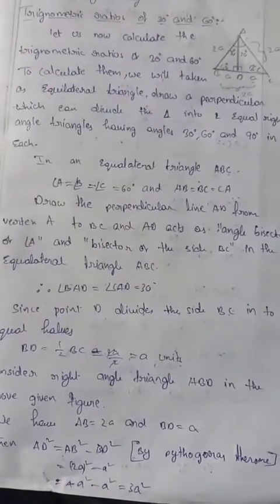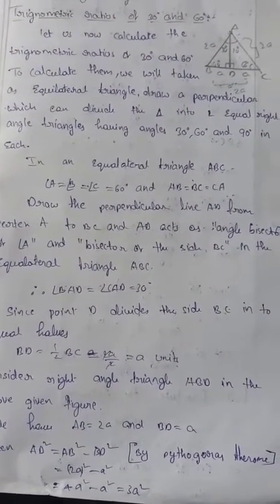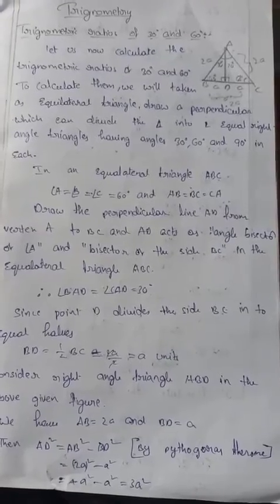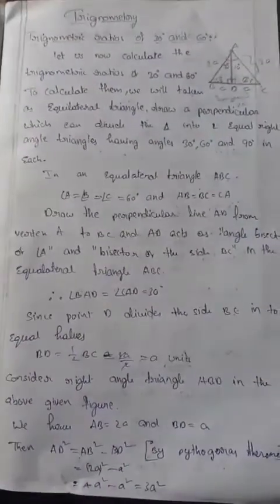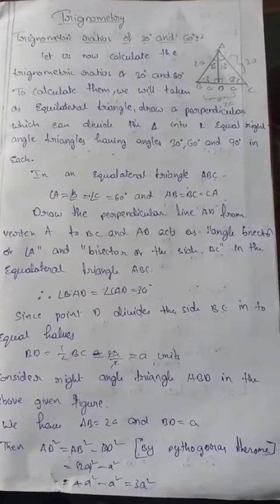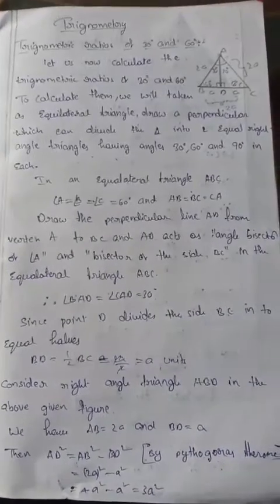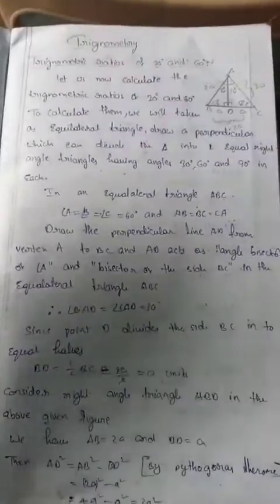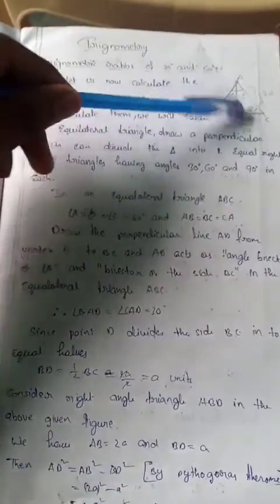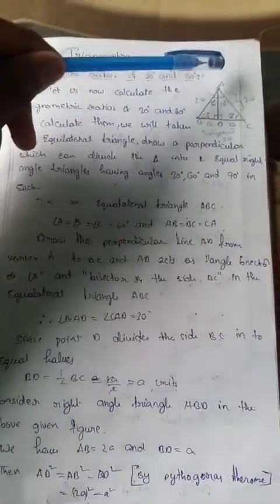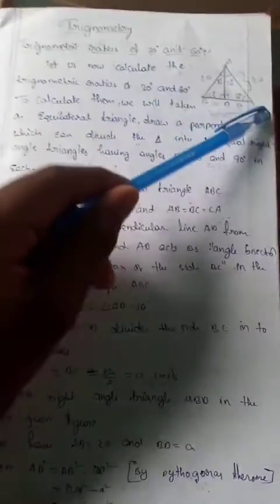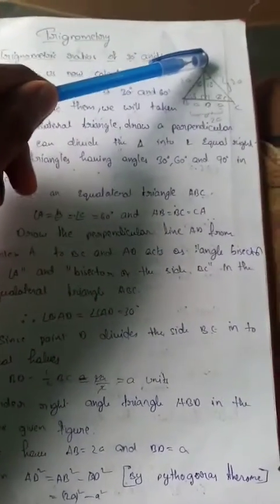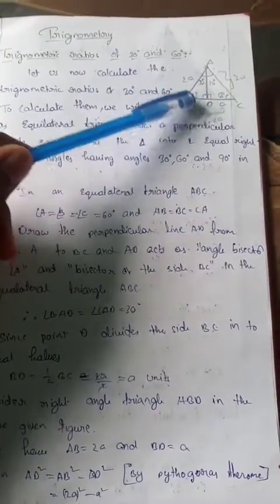After that, the angle bisector of angle A is also called the bisector of side BC in the equilateral triangle ABC. We have to name this bisector as AD. So it's AD. ABC is an equilateral triangle, 60 degrees, 60 degrees, 60 degrees, and we drew a perpendicular bisector.